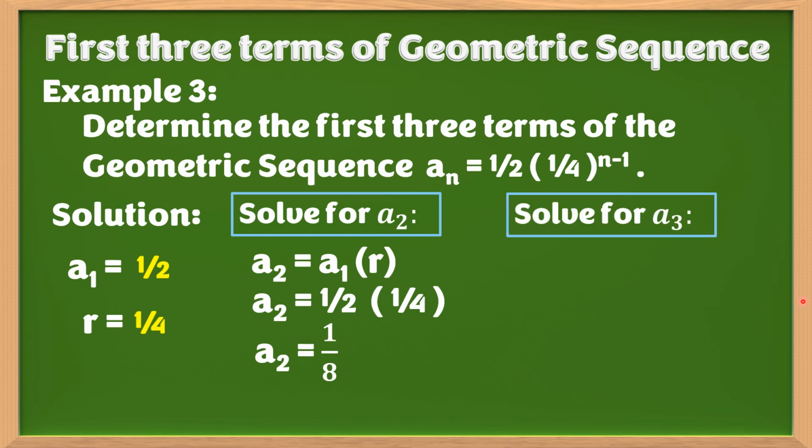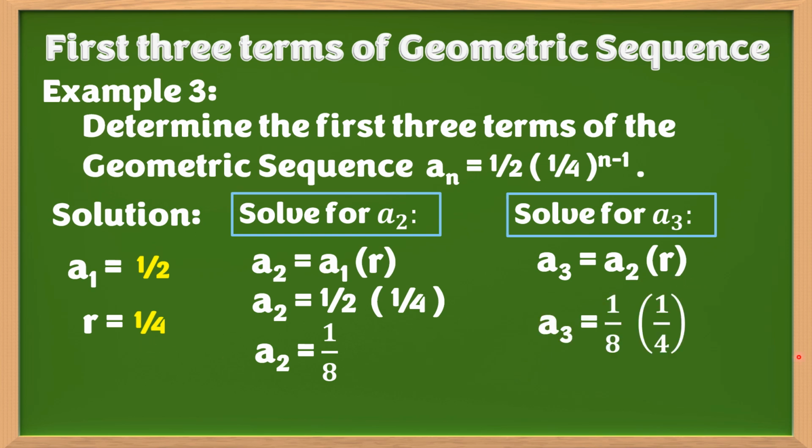Next, for the third term, we're going to solve for a sub 3, and that is equal to a sub 2 times r. A sub 2 is equal to 1/8 and r is equal to 1/4. So a sub 3 is equal to 1/8 times 1/4. And then we're going to multiply. 1 times 1 is equal to 1, and 8 times 4 is equal to 32.